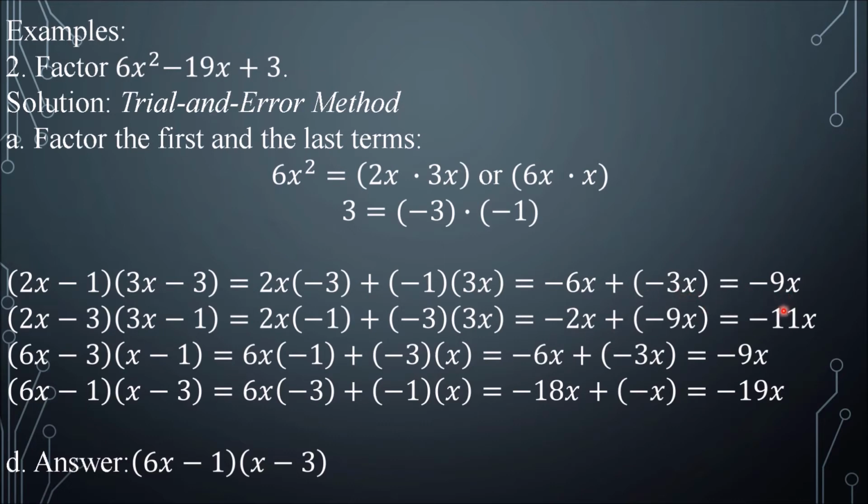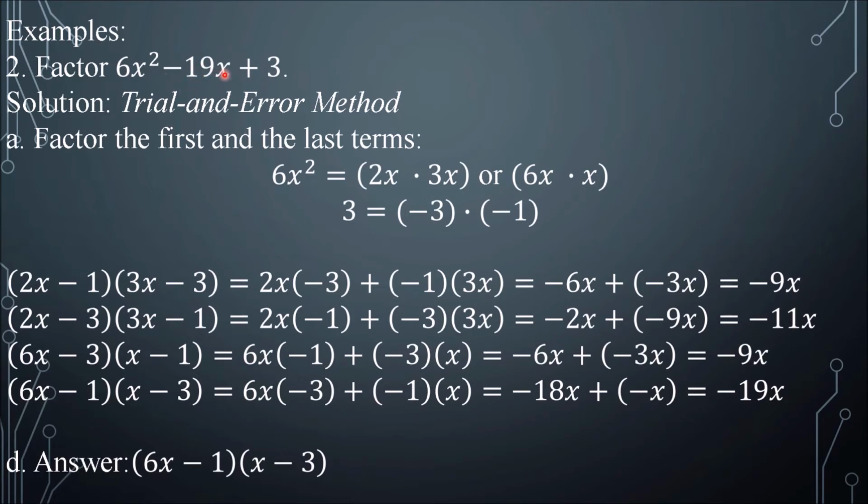Now, let's have 2x minus 3 times 3x minus 1, the second pair. 2x times negative 1 is negative 2x, and negative 3 times 3x is negative 9x. Simplifying, negative 2x plus negative 9x is negative 11x. Take note, we need to find negative 19x as the sum, because that's the middle term.